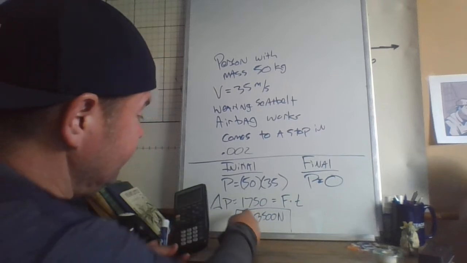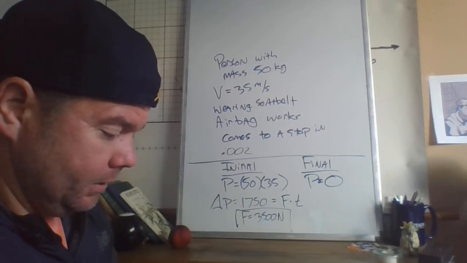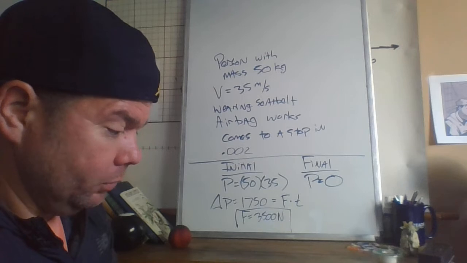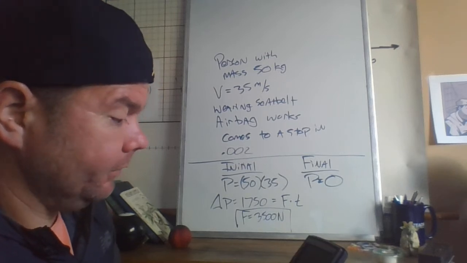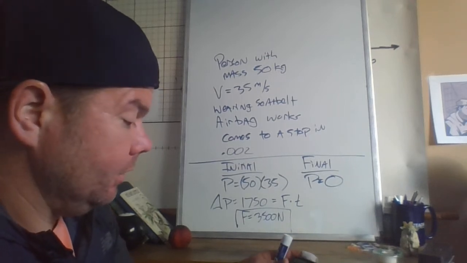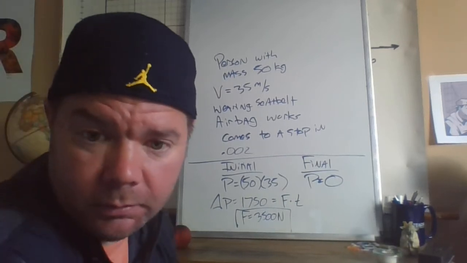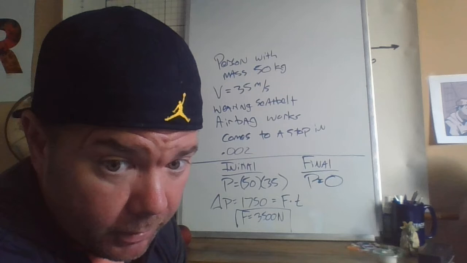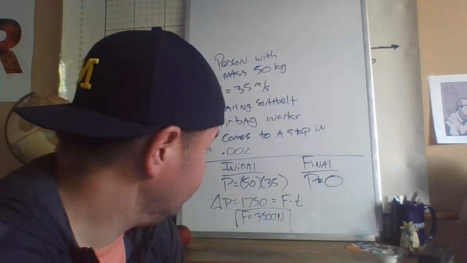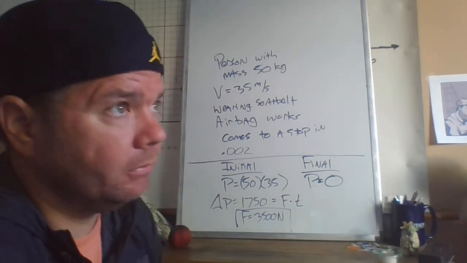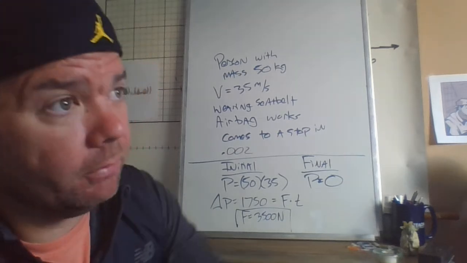If I take the same 1750 and divide that by 0.002 as the time, all of a sudden I've got an average force of 875,000 newtons.